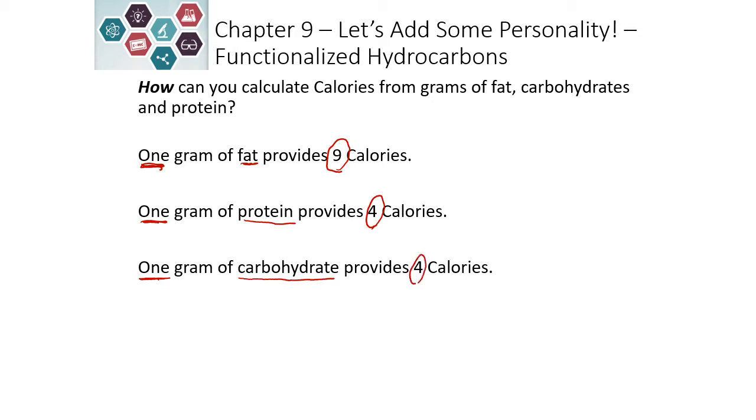So sometimes this is referred to as the 9-4-4 rule. Okay, 9 calories from 1 gram of fat, 4 calories from 1 gram of protein, 4 calories from 1 gram of carbohydrate. And this allows us to calculate the amount of energy in our food.